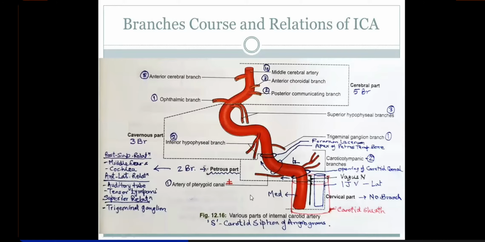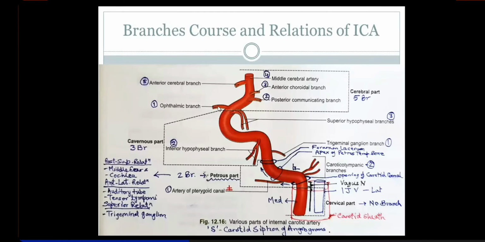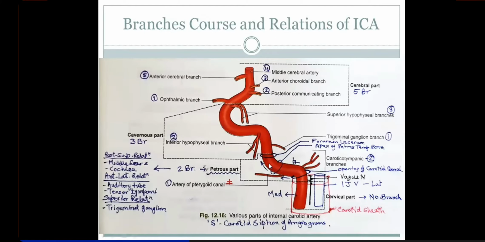When it reaches the apex of petrous temporal bone, which also forms the posterior wall of the foramen lacerum, from the apex of petrous temporal bone it enters into the foramen lacerum. Because the lower portion of the foramen lacerum is closed by a cartilage in life.